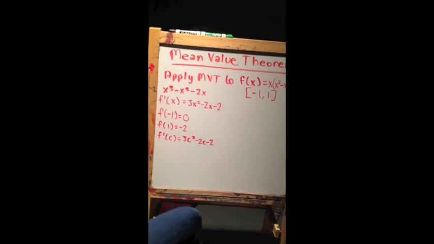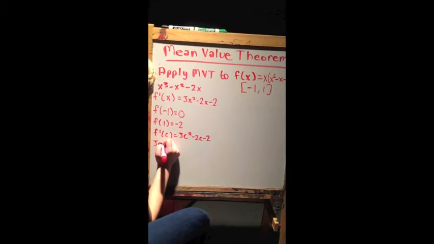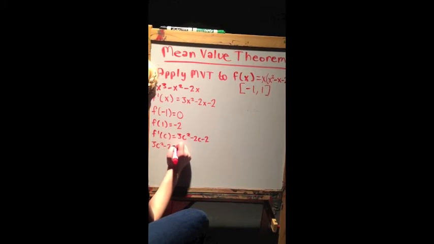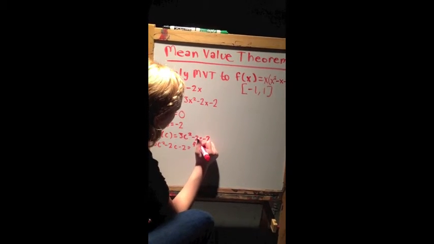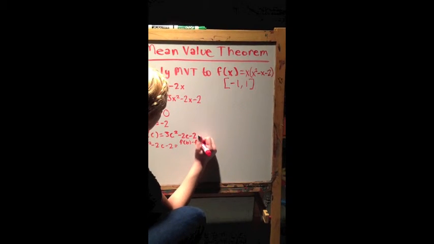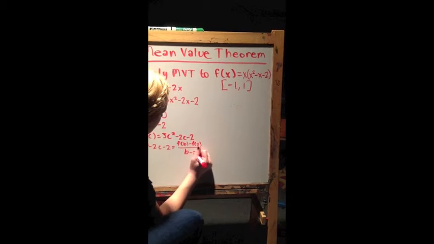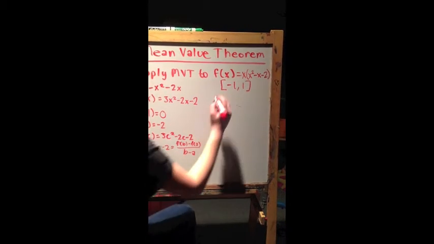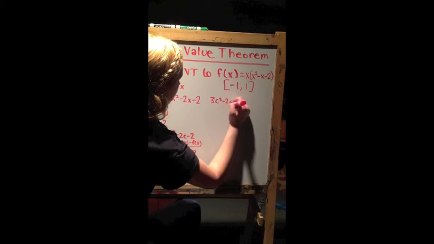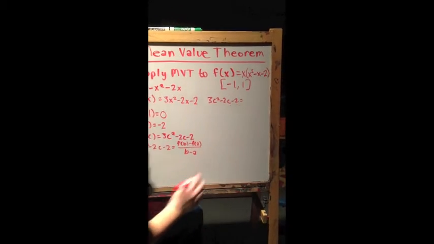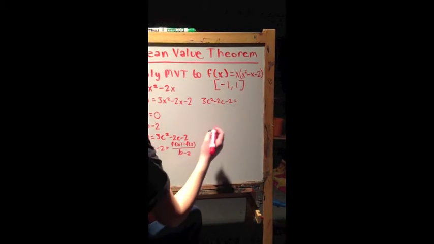And then set that all equal to f of b minus f of a all over b minus a. And that equals -1.